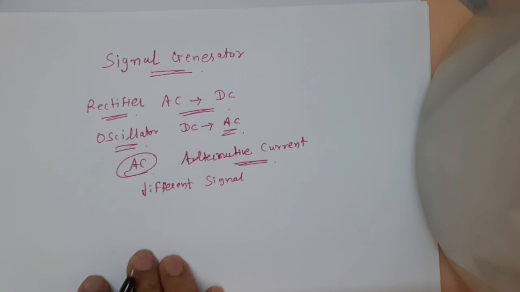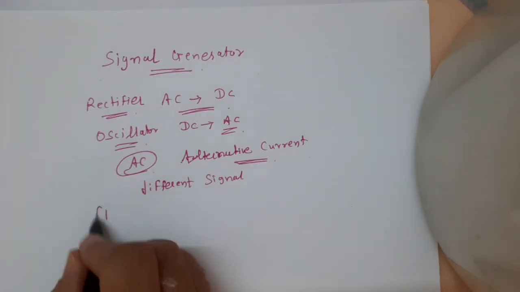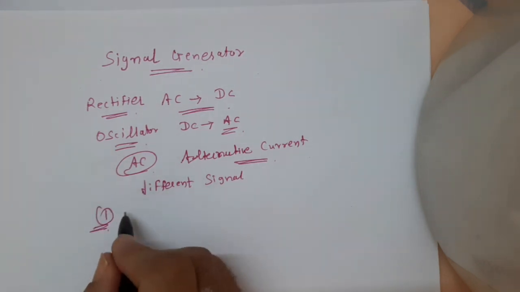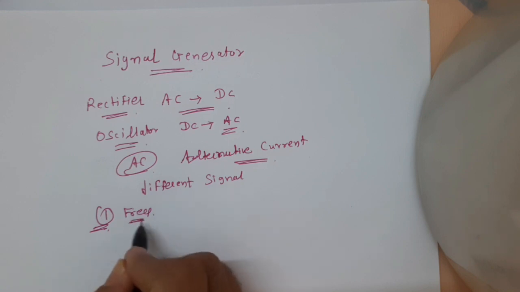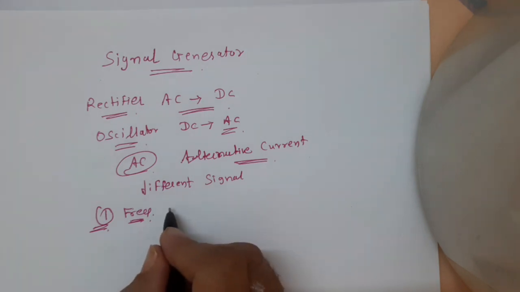There are various types of signal generators, but several requirements of all types of signal generators are common. The first requirement is the frequency of the signal should be known and stable.